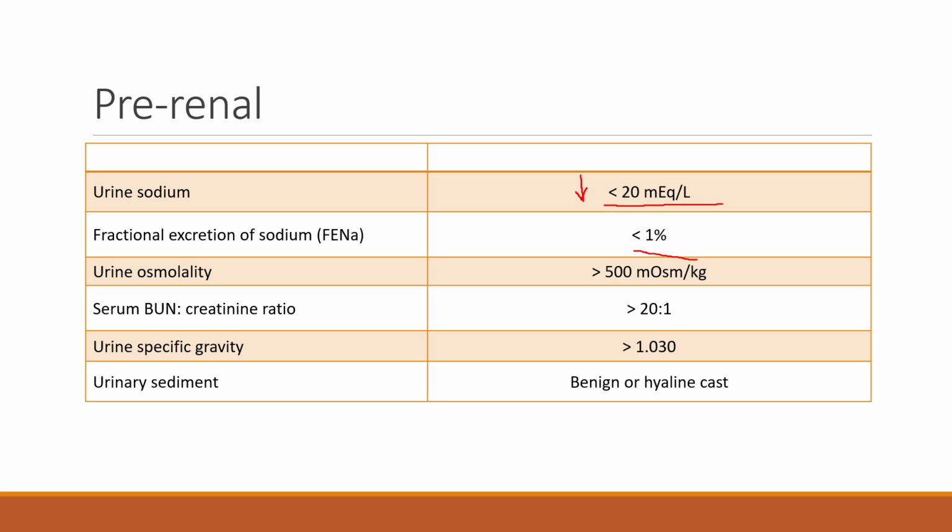And then the serum blood urea nitrogen to creatinine ratio. So urea is freely filtered by the glomerulus, and even though it's freely filtered, 30 to 70% of it is gonna be reabsorbed by the tubules. So it is a prerenal situation, but your kidney function is still intact.